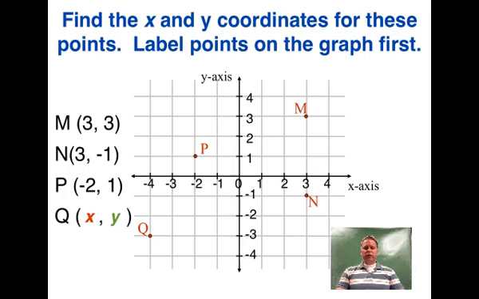So the ordered pair for this point would be -2, 1. For point Q, we have -4 for the x, and for the y value it would be -3. So our ordered pair for this point would be -4, -3.